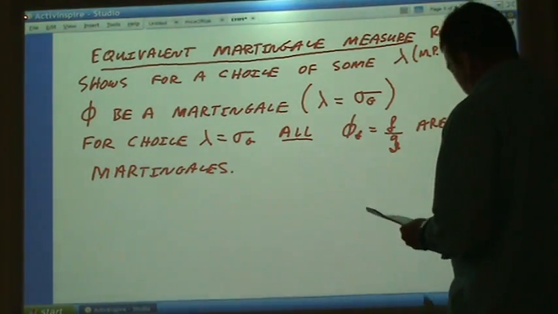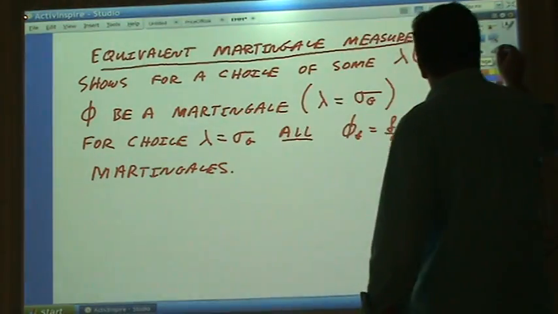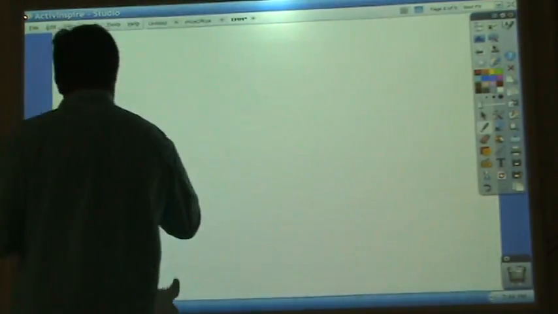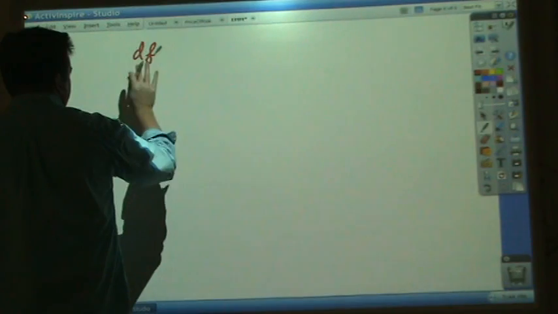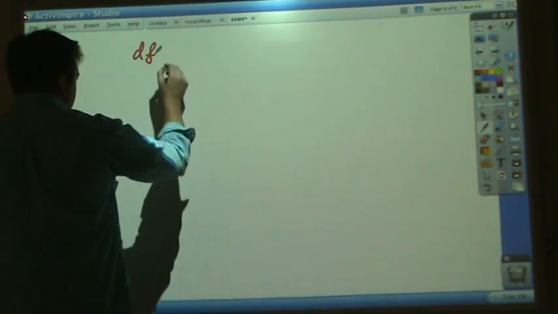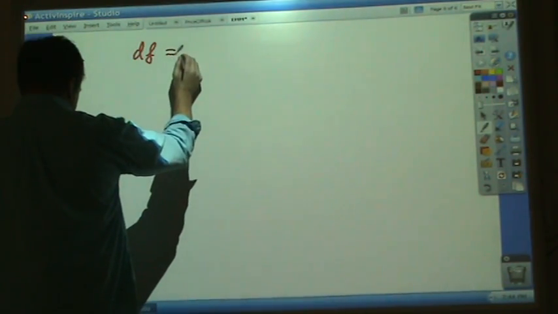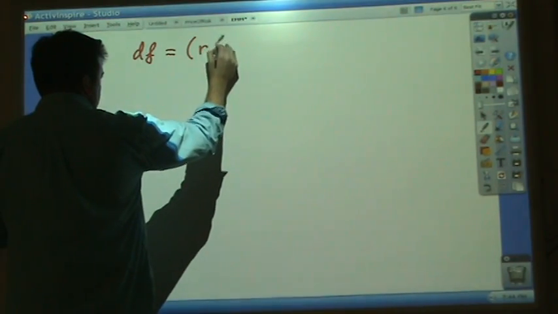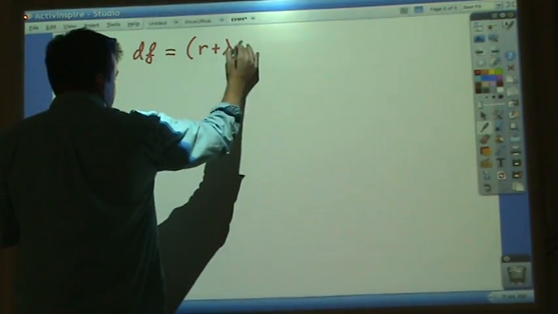Okay, so let me go over, so we'd have df, now this is any derivative would be r plus lambda sigma.